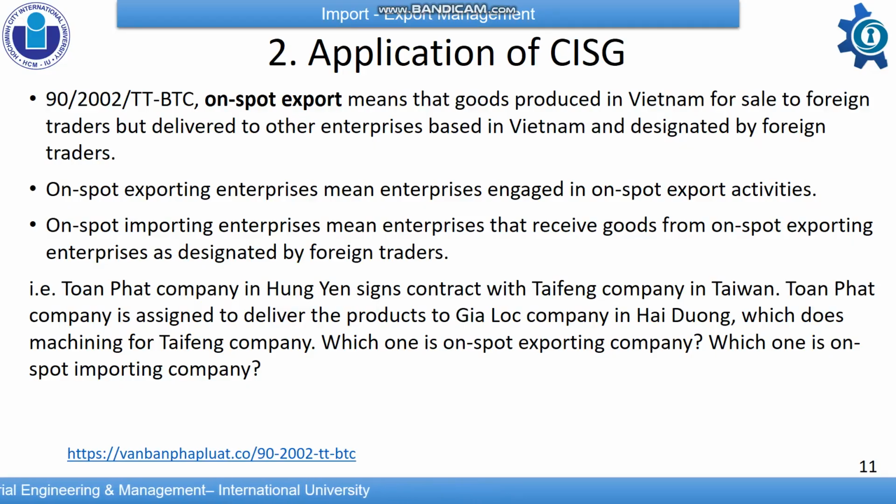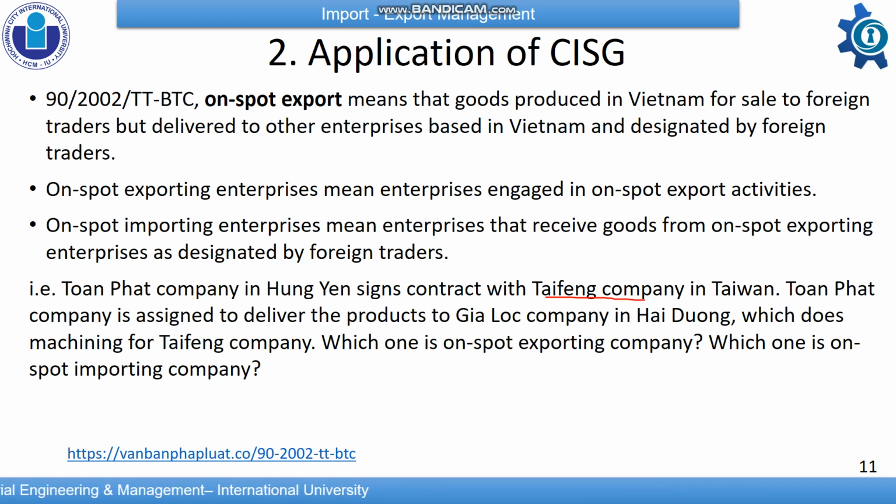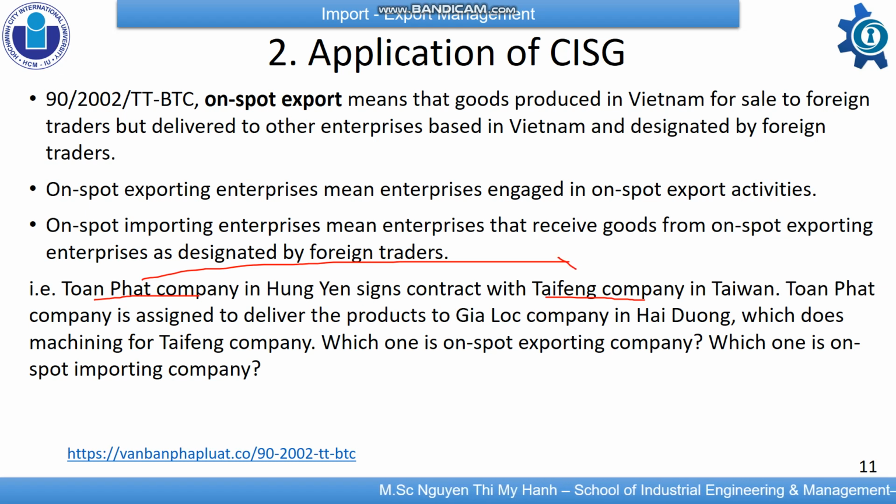Toàn Phát company in Hưng Yên signs a contract with the Typhoon company in Taiwan, and Typhoon company in Taiwan assigns the Toàn Phát company to deliver the products to Yellow company in Hải Dương, which is machining for Typhoon company. So in this case, we can see that Toàn Phát company produces products to sell to Typhoon company, right?